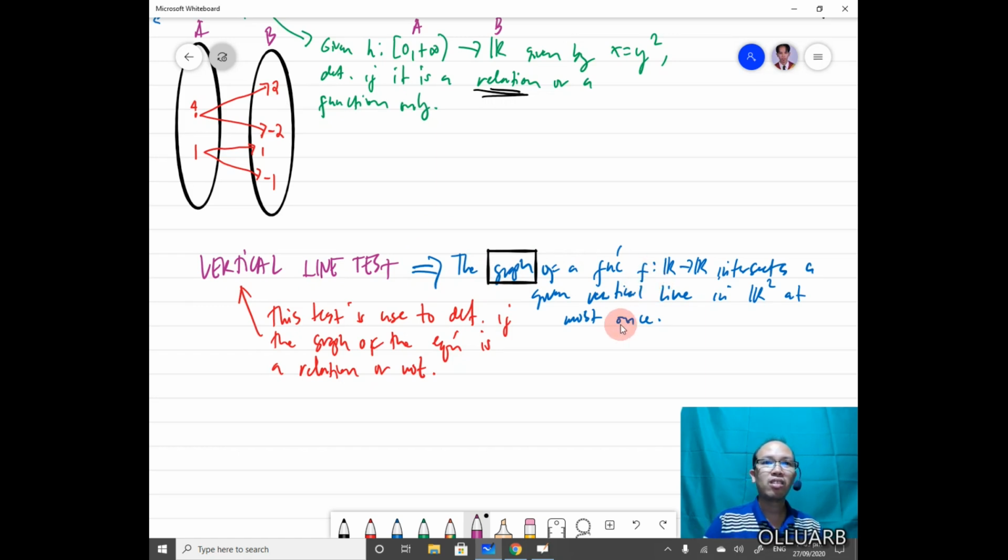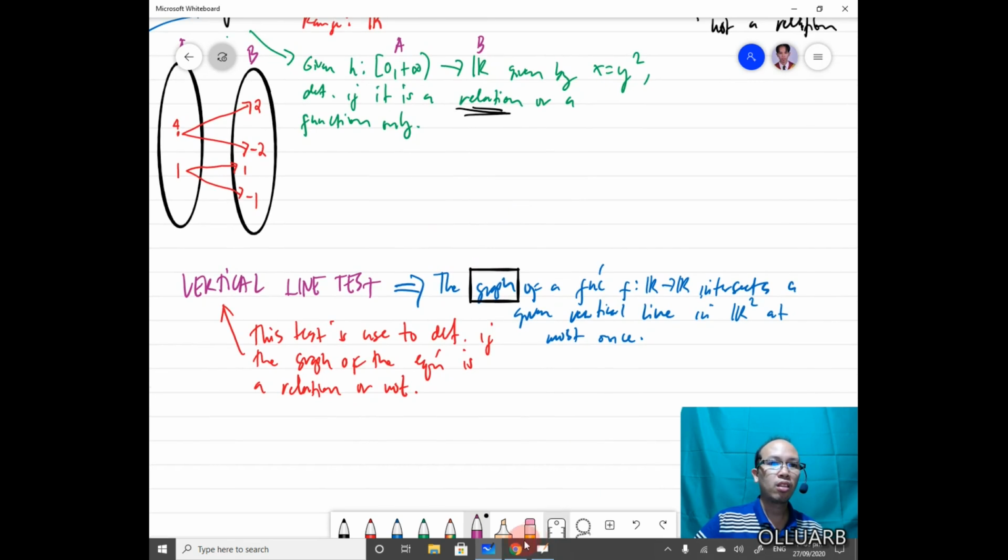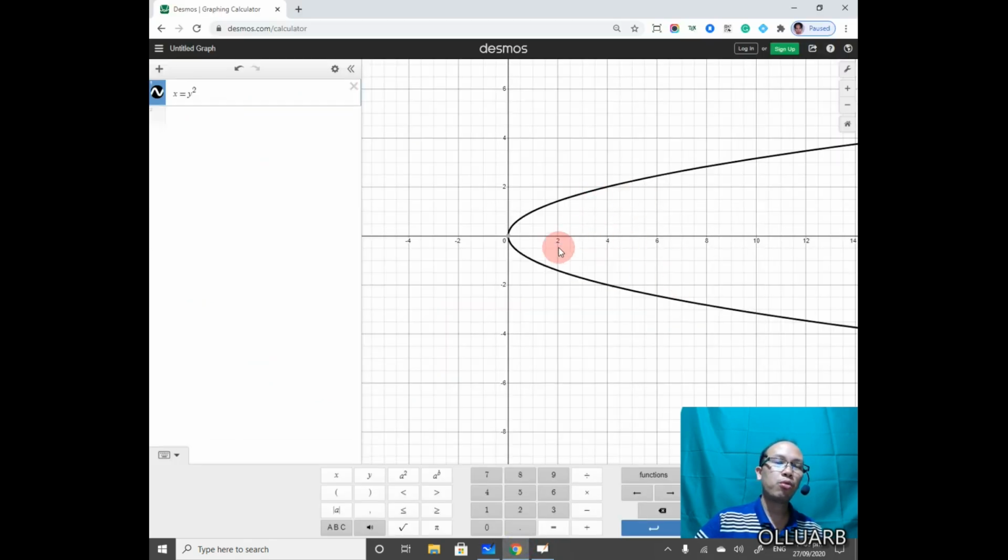Okay, so be careful on how to use this. And based on our illustration before, the equation x is equal to y squared is not a function, it is a relation.